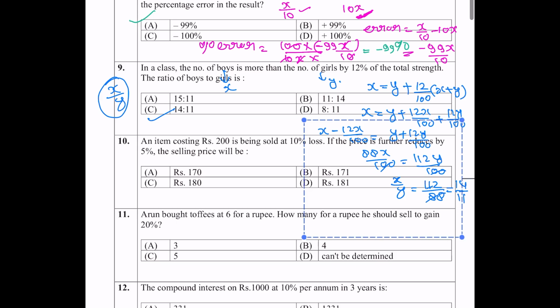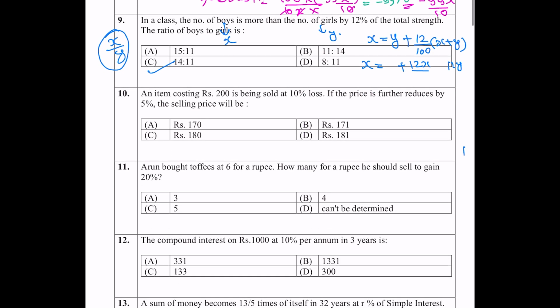Now here for question number 10, an item costing 200 is being sold at 10% loss, and if the price is further decreased by 5%, then here we have to find the selling price. So like initially the price is 200 but it is sold at 10% loss. So we can write here 10% loss means we are getting 90% rate. But again here we are giving a discount of 5%.